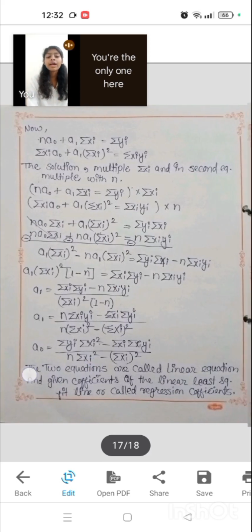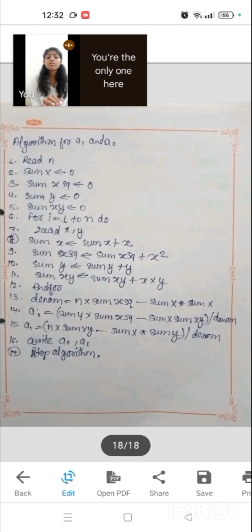So here we write sum of x into sum of y divided by denominator, and we write the a0 and a1 values, and we print the a0 and a1 values and the linear regression equation, and stop the algorithm.